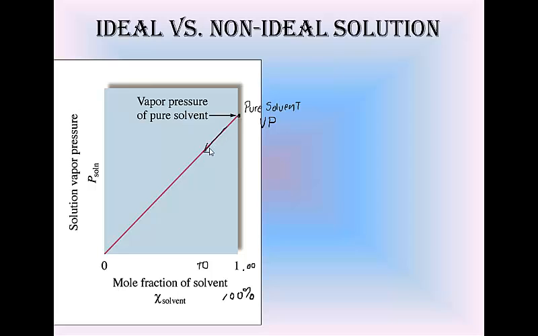You're adding more solute, so you have less mole fraction of solvent. As the mole fraction of the solvent decreases, so does the vapor pressure over the entire solution.